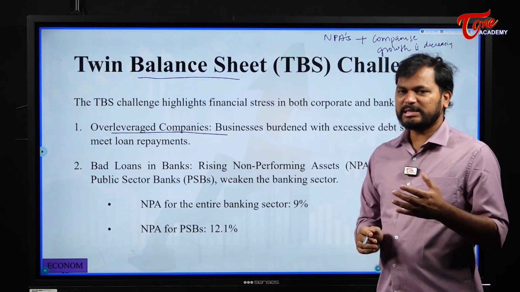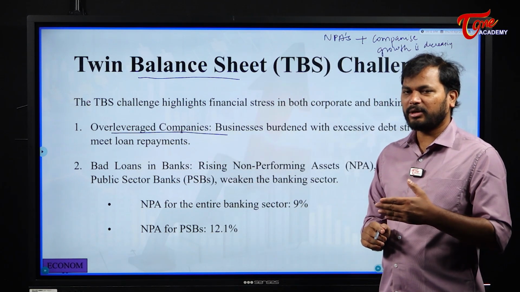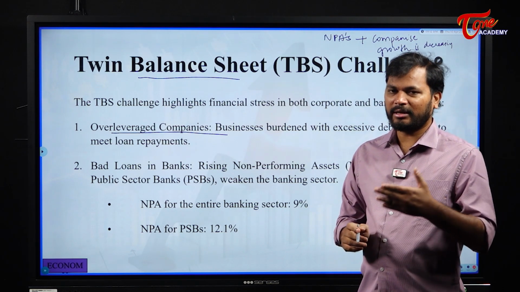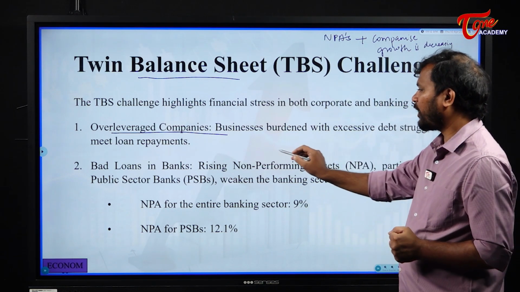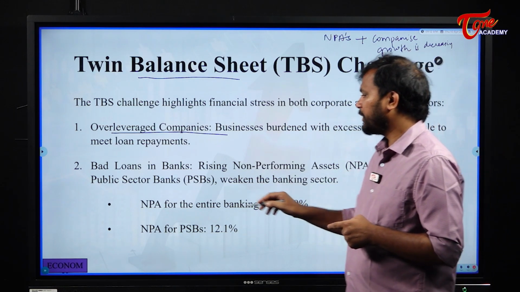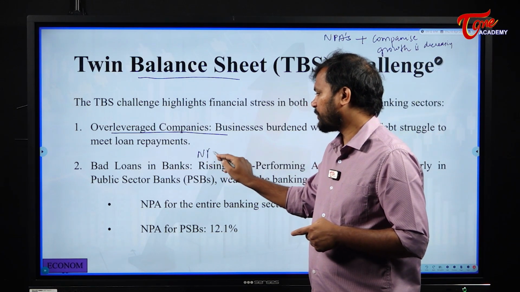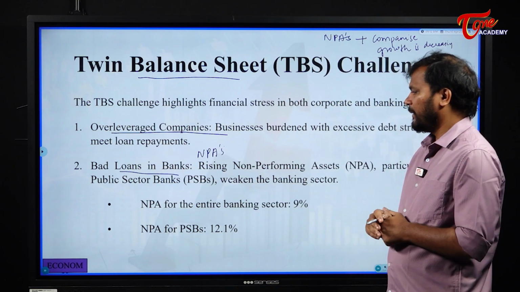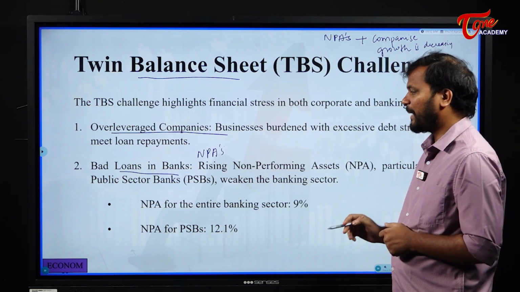Okay, but over time, because of the lack of output or lack of growth, or because they are running into losses, these companies cannot repay that money to the banks, leading to NPAs, non-performing assets. They are considered bad loans.